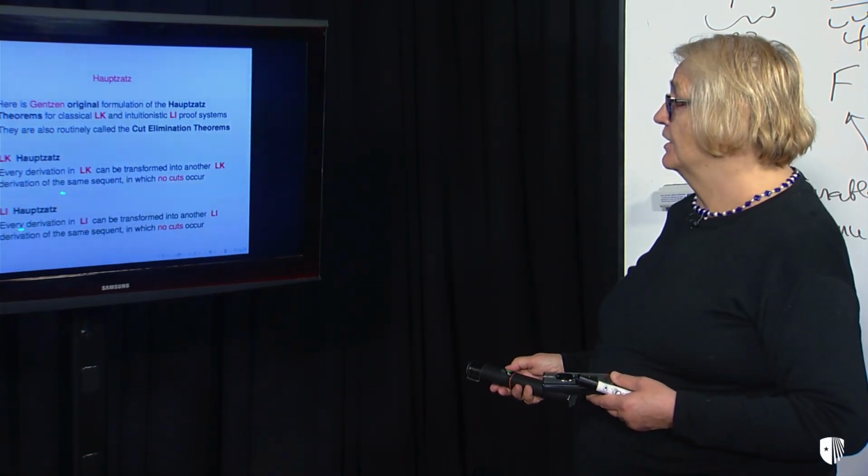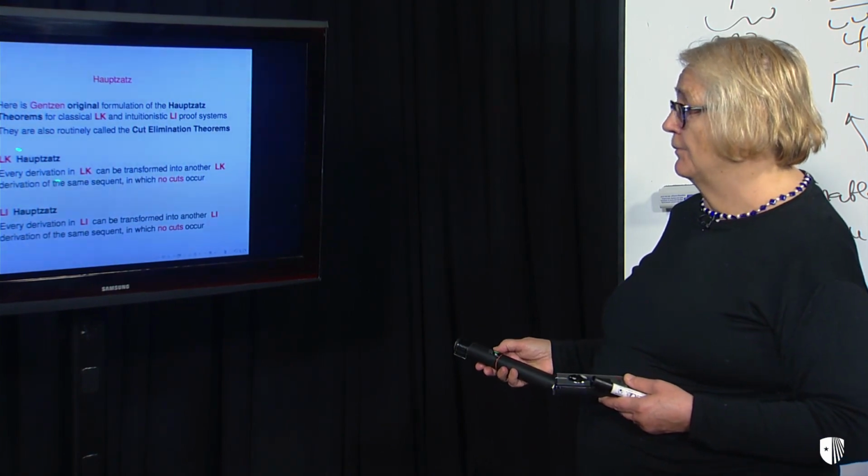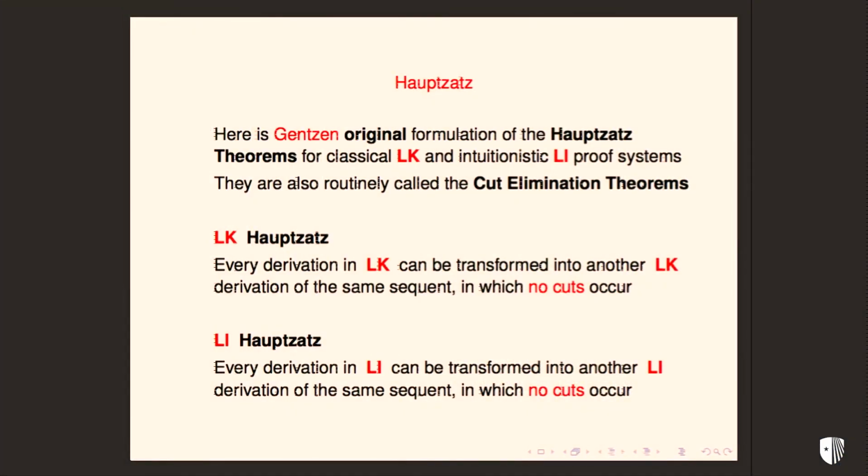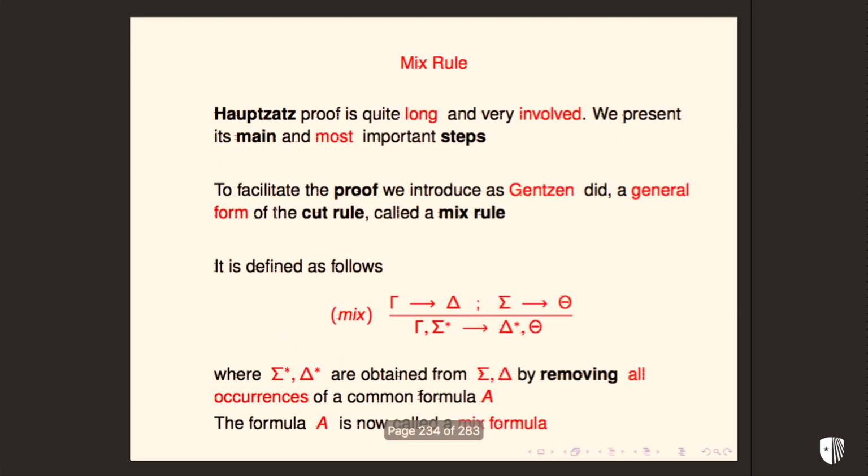And also for intuitionistic logic you have the same: every intuitionistic derivation can be transformed into another without the cut rule. That is the Hauptsatz theorem, which is called the main theorem.